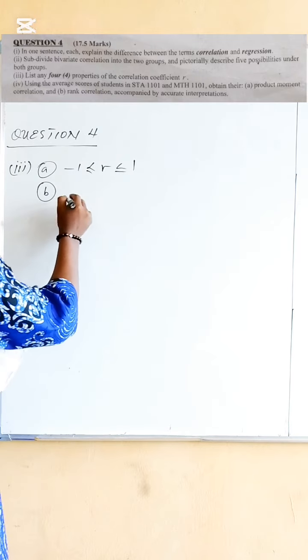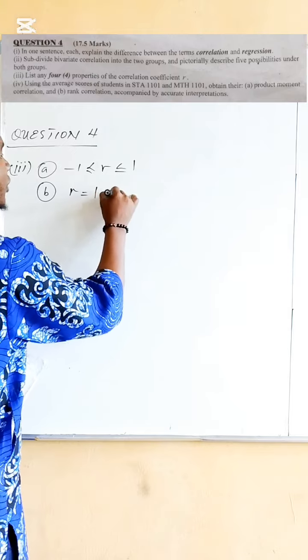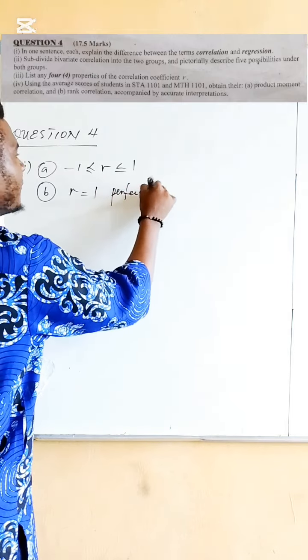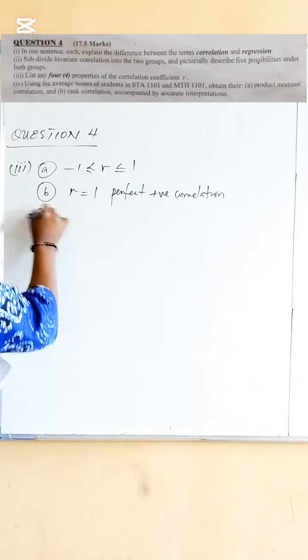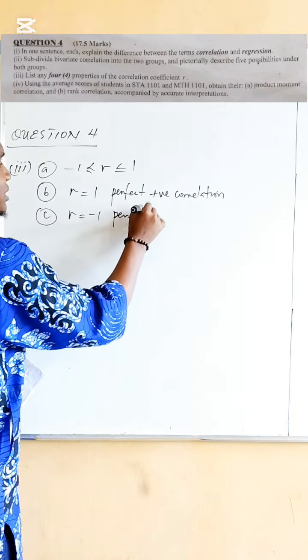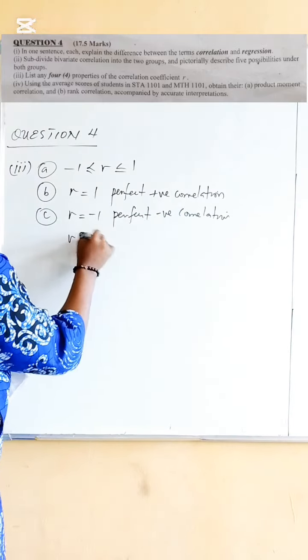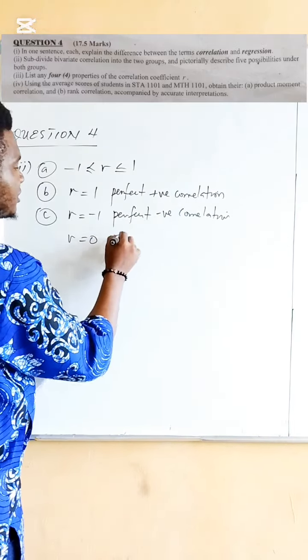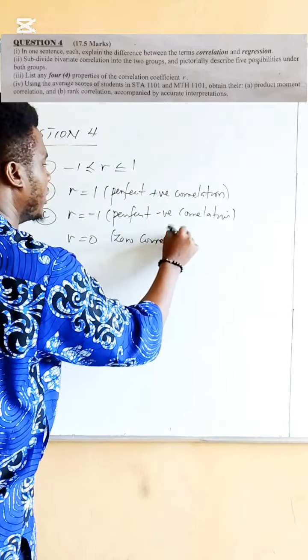B, R could be equal to 1, in which case we have a perfect positive correlation. C, R equals -1, describing a perfect negative correlation. D, R equals 0, implying zero correlation, no correlation.